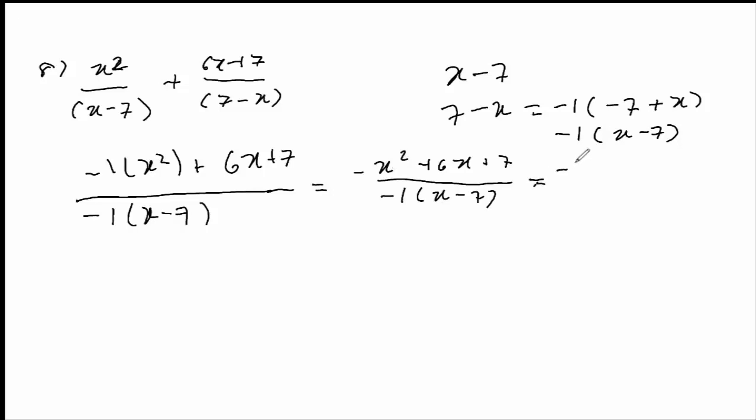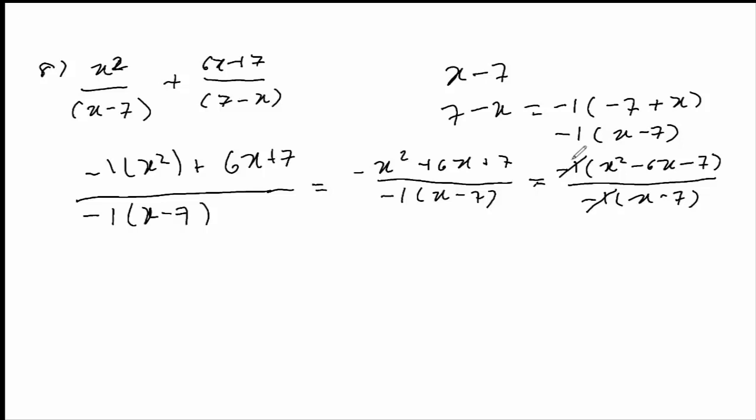So I'll get -1 times x squared minus 6x minus 7. And then on the bottom here, I'll have -1 times x minus 7. That makes things very convenient because now we can just cancel out the -1s, because -1 over -1 gives us just 1.